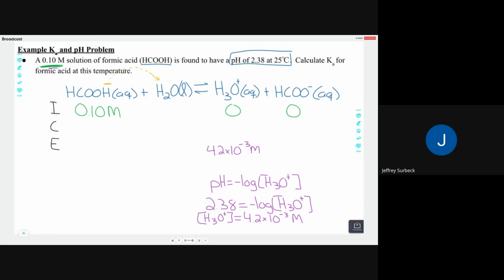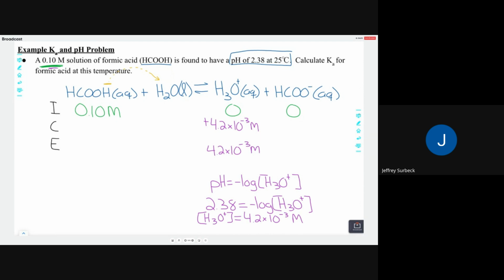And we're just going to think about this for a moment. If we started at 0 and ended at this 4.2 times 10 to the negative third, what did we do? We added that amount. Now, because we know a numerical value for the change, we can use stoichiometry. All right. Again, everything is a 1-to-1-to-1 ratio. So it's all the same.